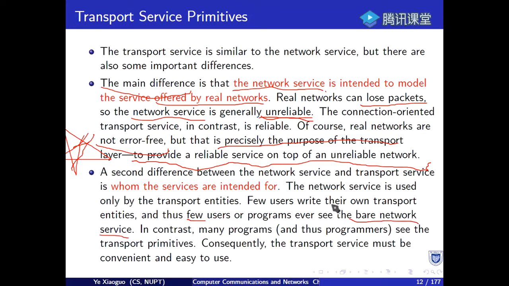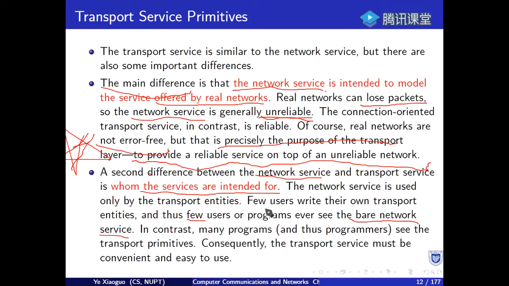Network service is intended for the transport layer. The transport service is intended for the application layer.